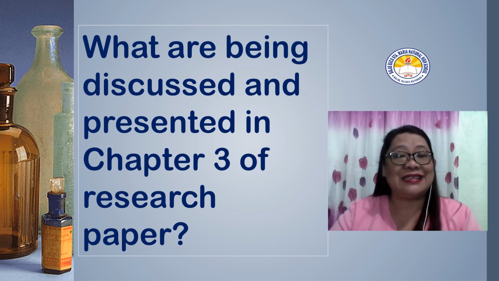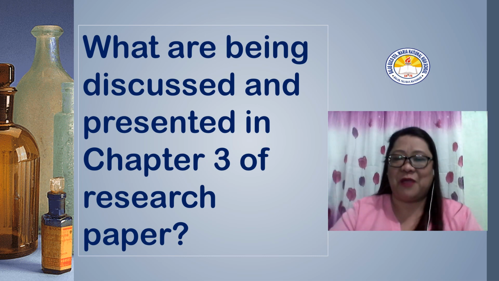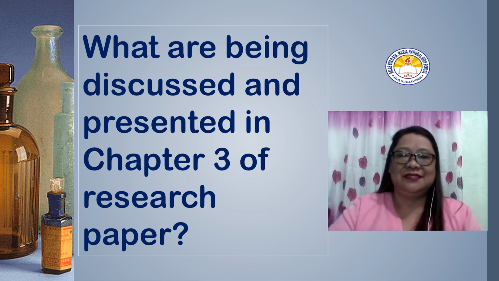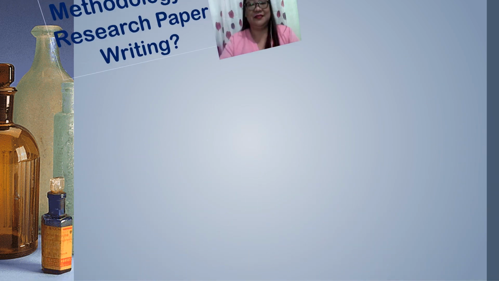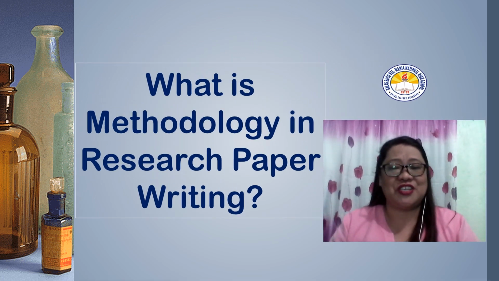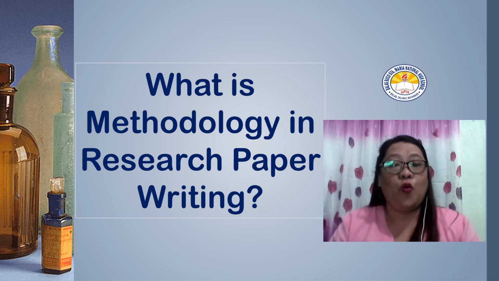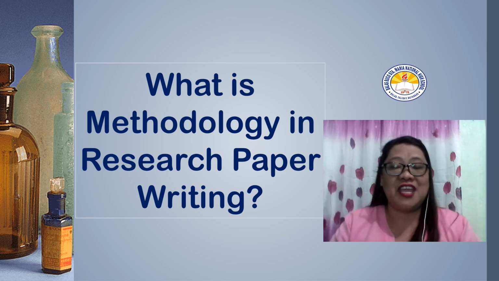What is being discussed and presented in Chapter 3 of a research paper? These are only a few of the questions I know run on your mind as we discuss research procedure. And at this point, we are going to answer this question. What is methodology in research paper writing?